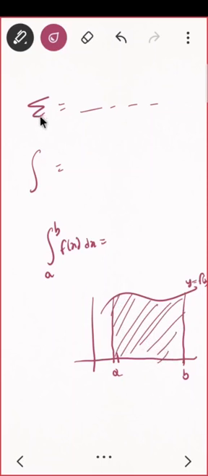And what is summation? Do you know the first exercise, integration as a sum of limit?